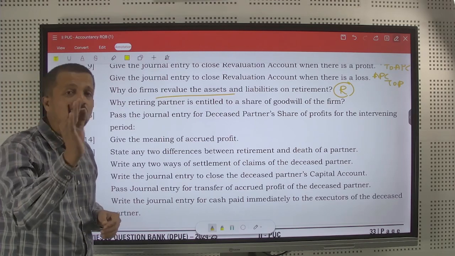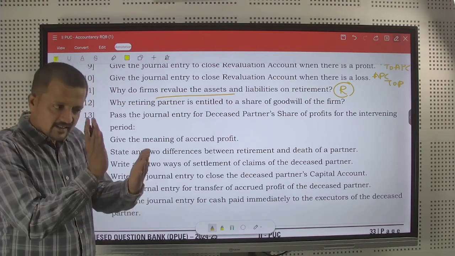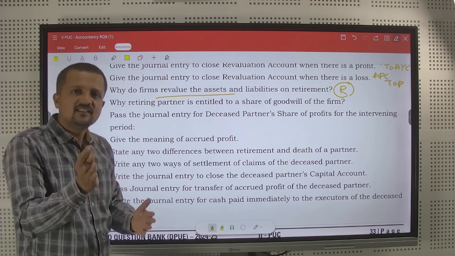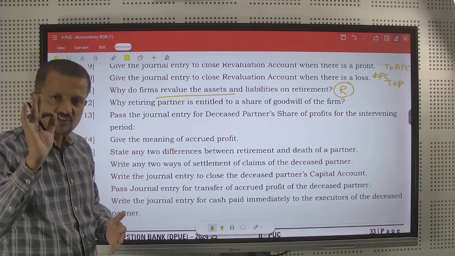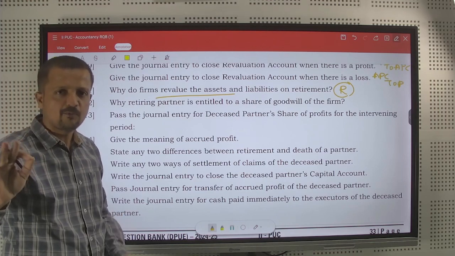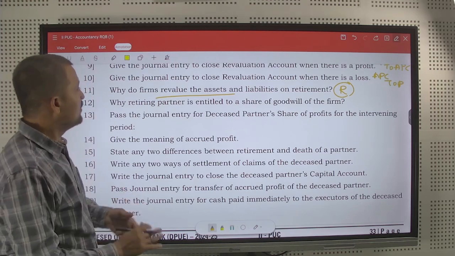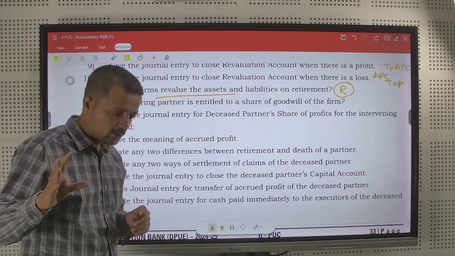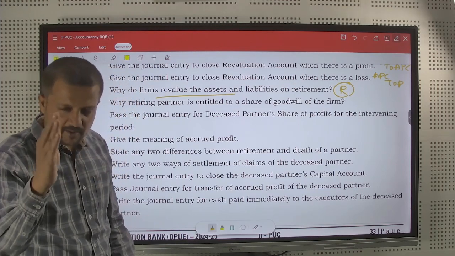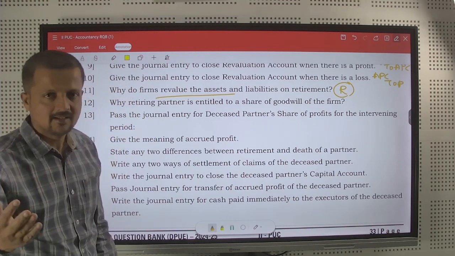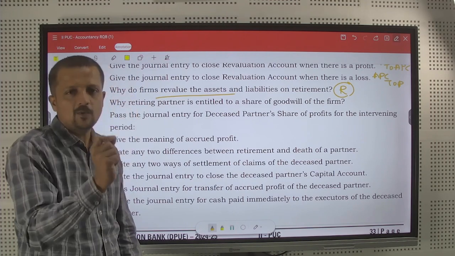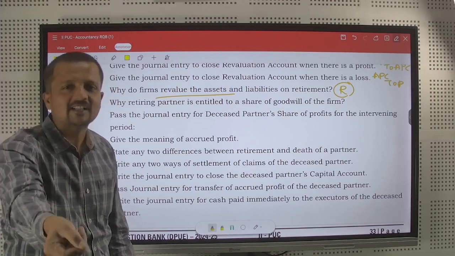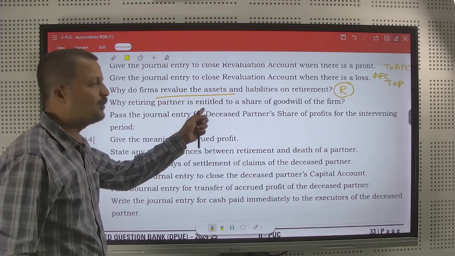One of the important reasons is that the retiring partner is entitled for the share in the revaluation profit or losses. If you remember, in the retirement of partner, you people will be very good in practical, so you write by revaluation account. That means that he should also get that. If he has to get that, you need to revalue.